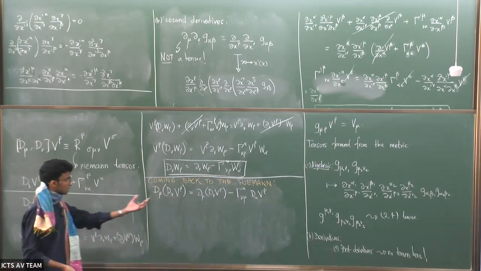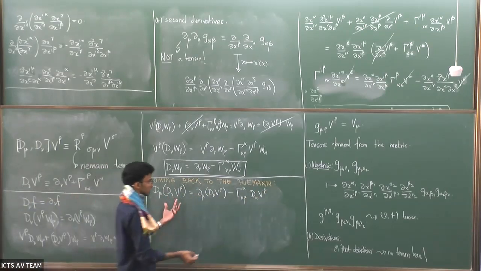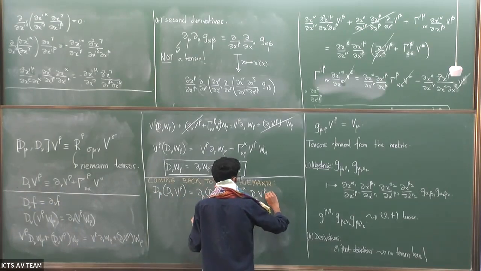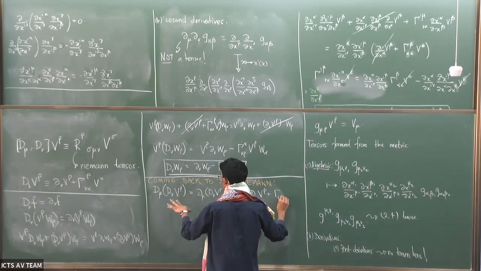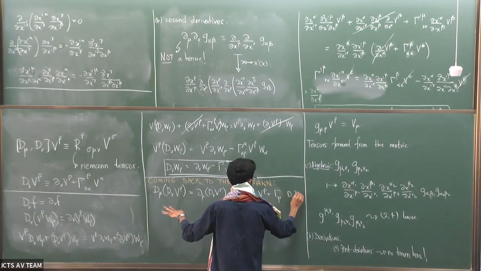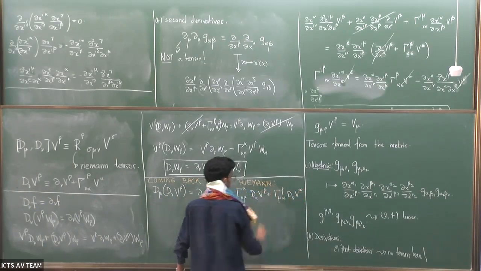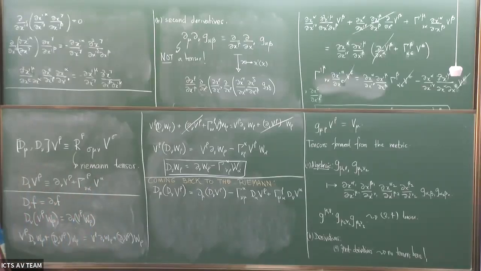Yes, remember that this is a 1-1 tensor. That's what I'm doing from this formula, and then you get plus gamma mu t mu b alpha, say alpha. Make sense?